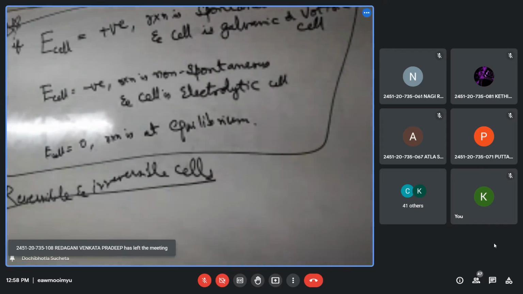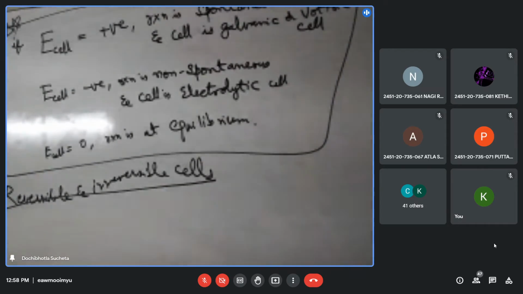Point A. Reversible cells. In these cells, reactants spontaneously combine to give products and electrical energy, and act as galvanic cells.